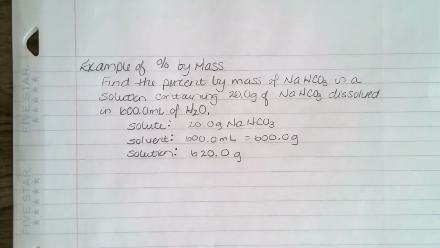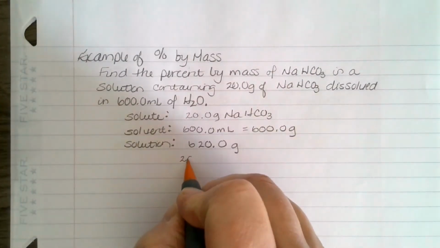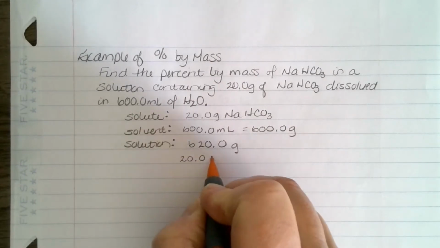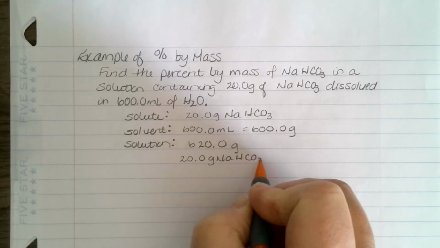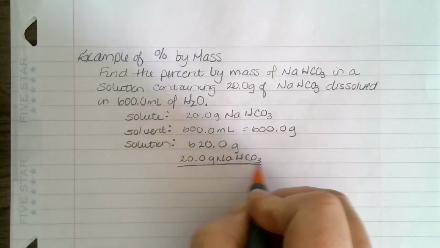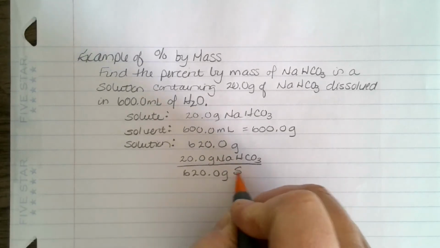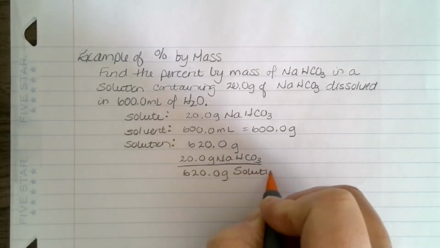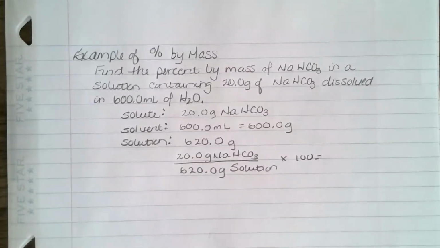So to find the percent mass, just like anything else, I'm going to take my 20 grams of my sodium bicarbonate divided by the 620 grams of the total solution, and I'm going times 100, and I will find out what my percent is.